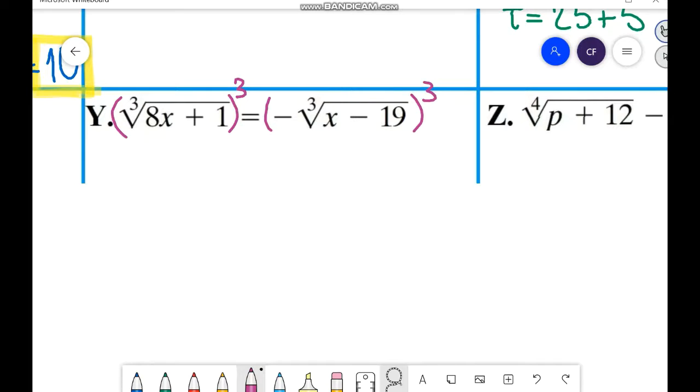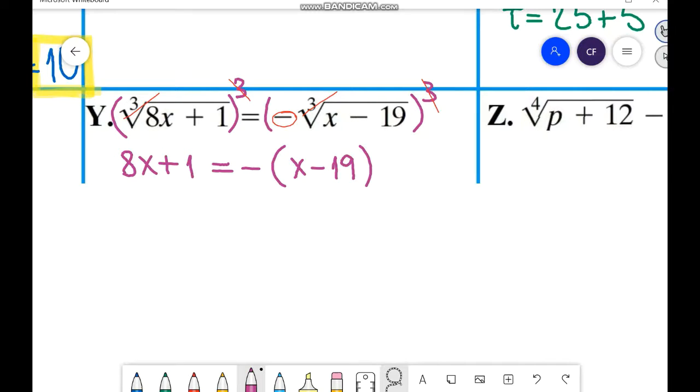Just apply the cube on both sides, because we can simplify here. We can simplify this, but don't forget the negative. The negative is in front of both terms, so we can use a parenthesis here. 8x plus 1 equals negative x minus 19, okay?